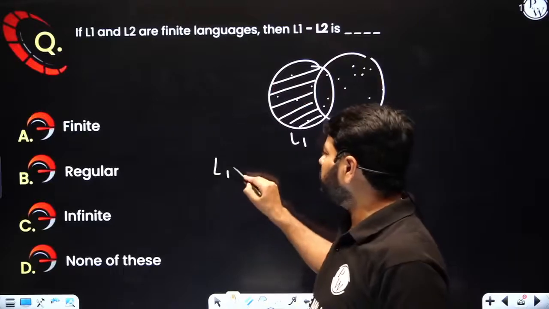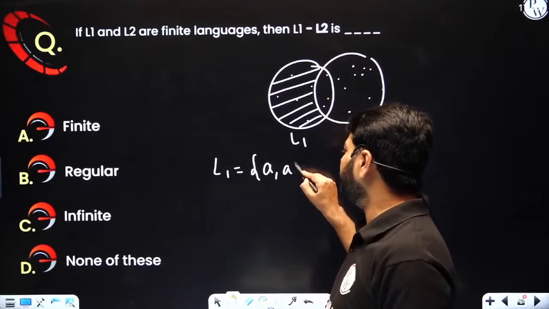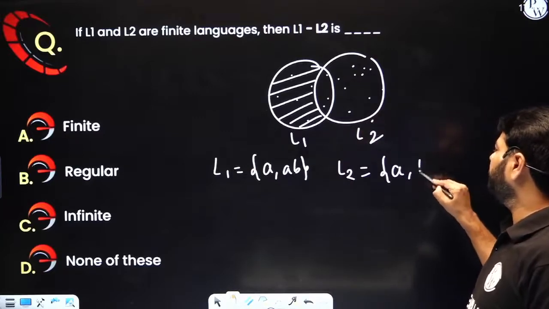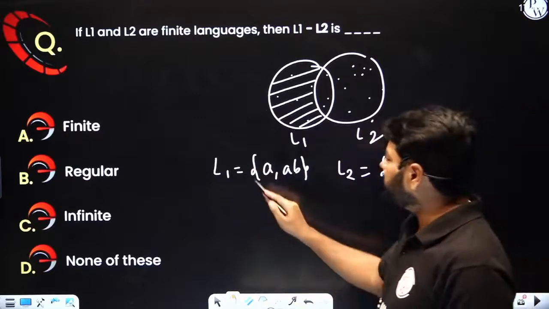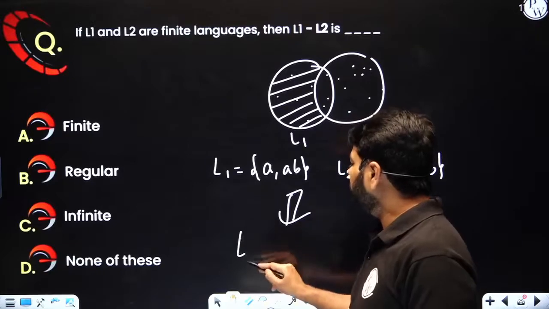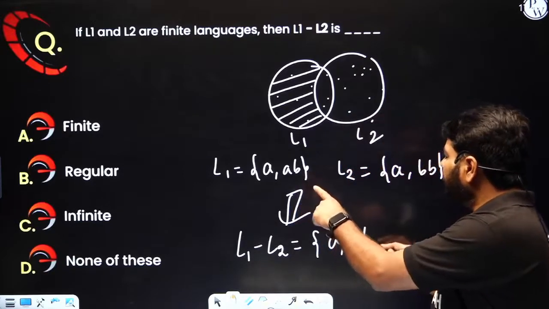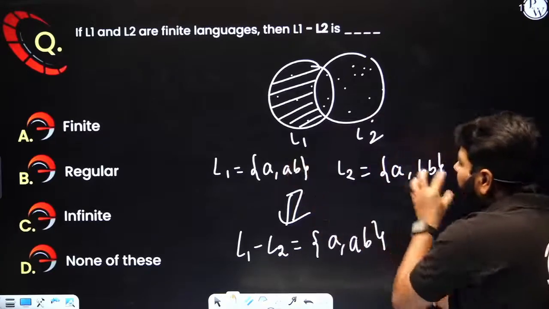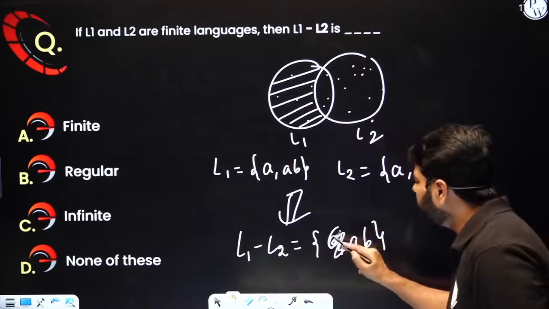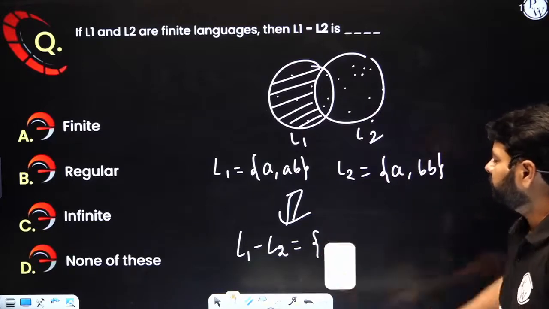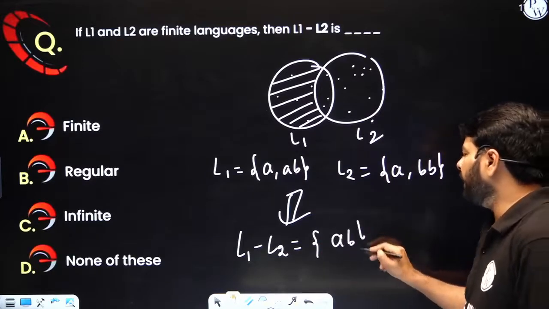Let's say L1 is equal to {a, ab} and L2 is equal to {a, bb}. The result is based on L1 only, but those strings which are there in L2 will be deleted. The result is only ab. Why is a deleted?